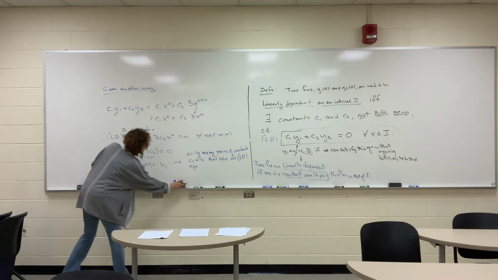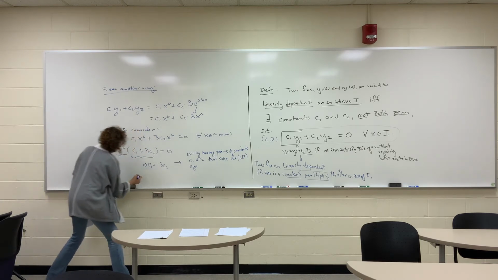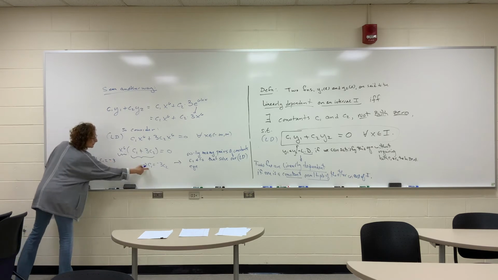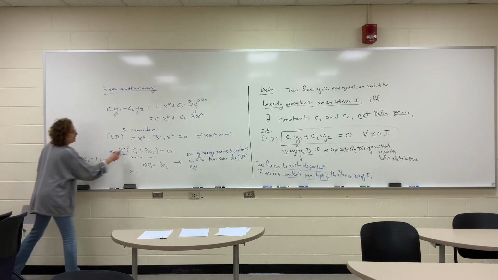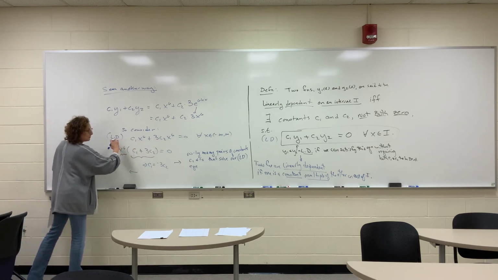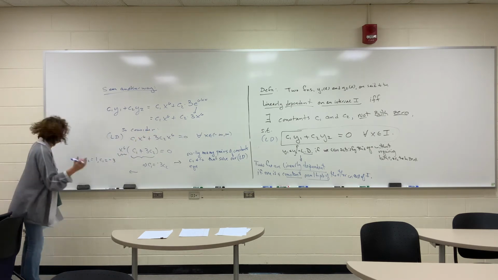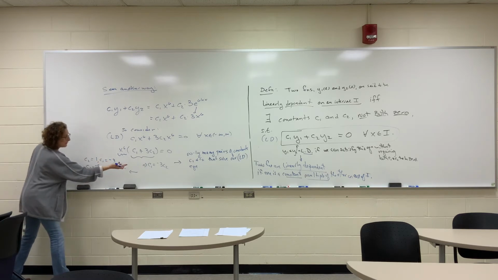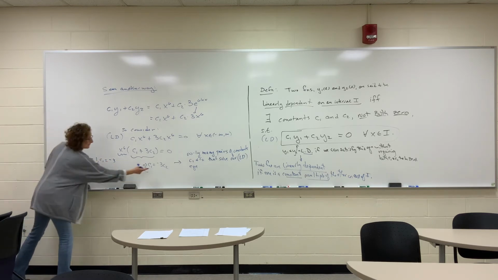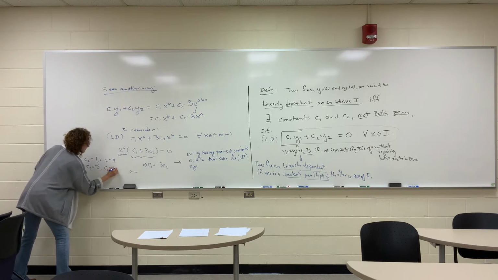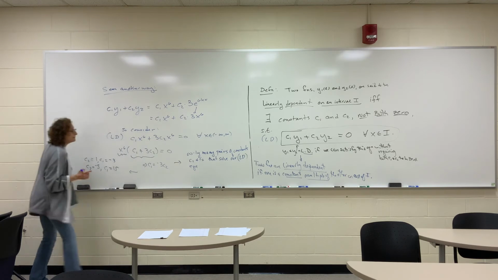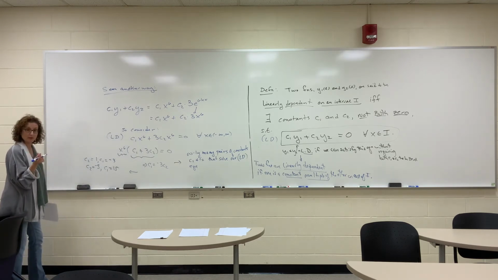For example, there's infinitely many. I could take c2 to be 1, and then what would c1 be? Negative 3. You've got your relationship right there. If c2 is 1, c1 needs to be negative 3, then that equation says 0 equals 0. I could take c2 to be negative 5. Then c1 should be 15. 15x to the 6 plus 3 times negative 5x to the 6 is 0, always, for all x.